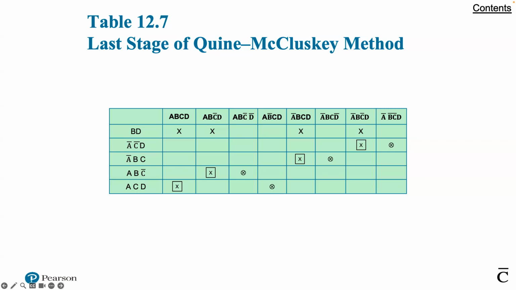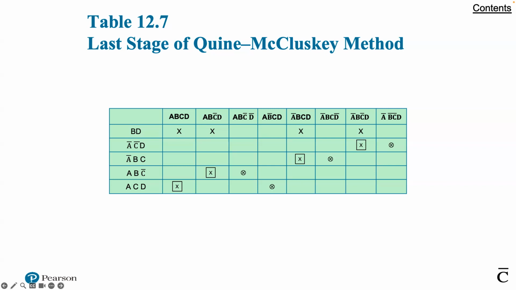Next, circle each X that is alone in a column. Then place a square around each X in any row in which there is a circled X. If every column now has either a squared or a circled X, then we are done, and those row elements whose X's have been marked constitute the minimal expression.